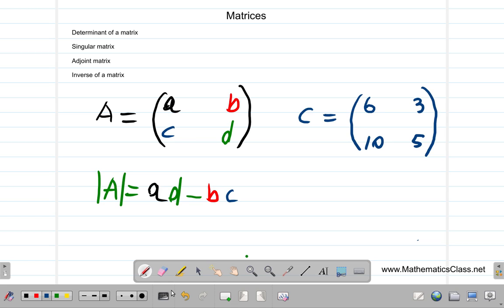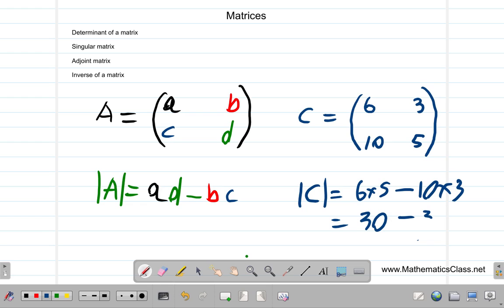Let's see. The determinant of C is, you multiply the elements in the leading diagonal. So it is 6 times 5 minus. Then you multiply the elements in the non-leading diagonal. And you have 10 times 3. 6 times 5 is 30. Minus 10 times 3 is 30. What do you get for the answer?